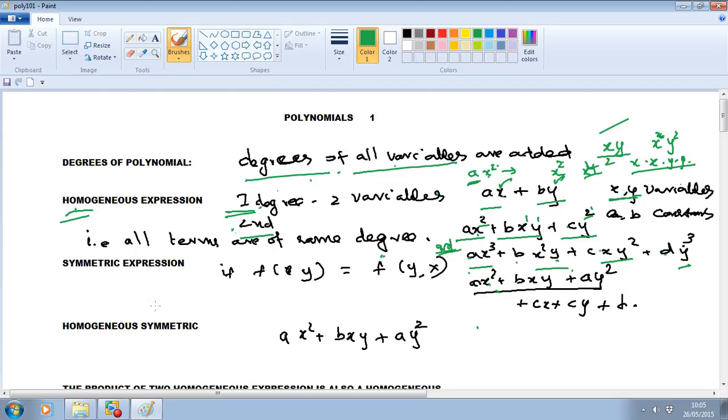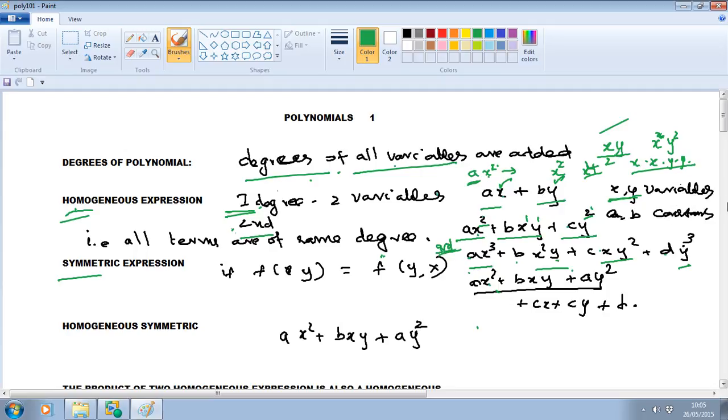Next, we will come to symmetric expression. So this is also homogeneous and also symmetric.